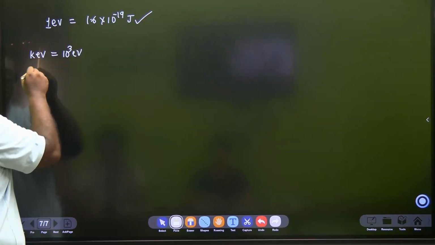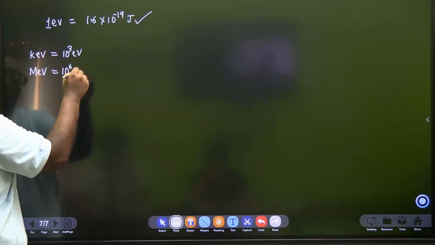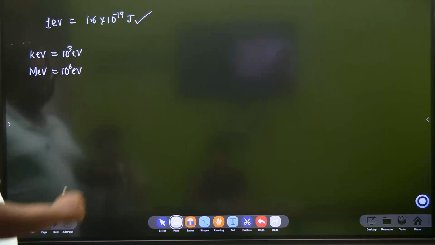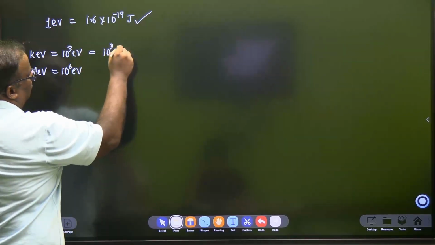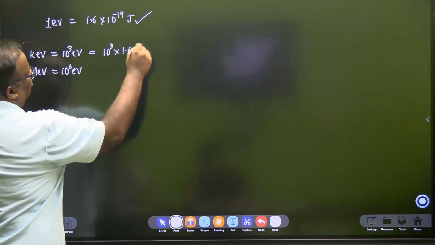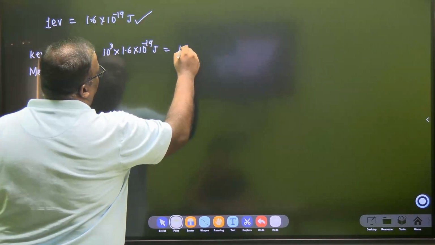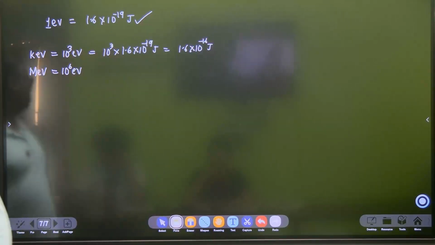If somebody says mega eV, it is 10 to the power 6 eV, with each eV equal to how much? 1.6 into 10 to the power minus 19 joules. So in terms of joules, it becomes 10 to the power 3 multiplied by 1.6 into 10 to the power minus 19 joules, effectively coming down to 1.6 into 10 to the power minus 16 joules. Did you understand?